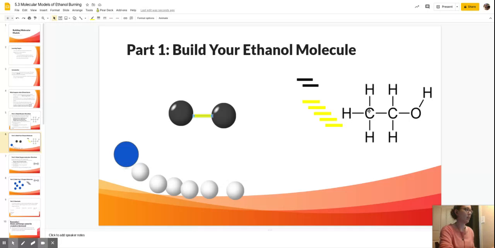Then we need to add a hydrogen on top of this one. Again, this is a high energy bond between carbon and hydrogen. When you need to, you'll just rotate these lines so that you can make them vertical and then slide them over. You keep building until you've made this structure.